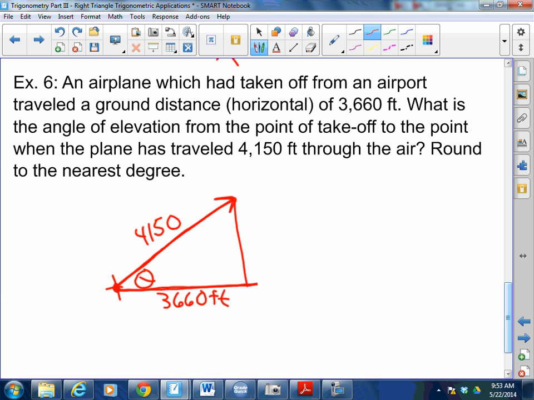You have to use the inverse cosine. From this theta, this is the adjacent. From the cosine, this is the hypotenuse.